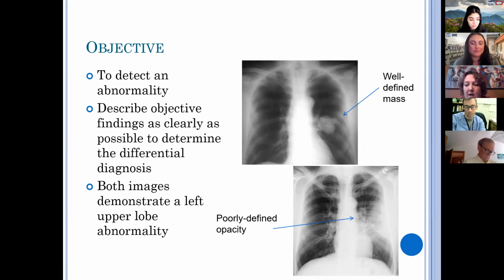When you're talking about an X-ray, the top X-ray here would be defined as a well-defined mass in the left upper lobe, versus this one is a poorly defined opacity. By correctly describing what you see on the X-ray, you can really help to put into your mind what the differential diagnosis may be and what types of things you need to look further into and try and rule out.